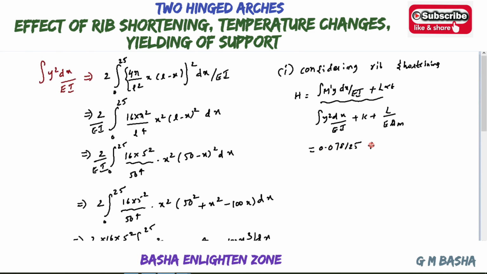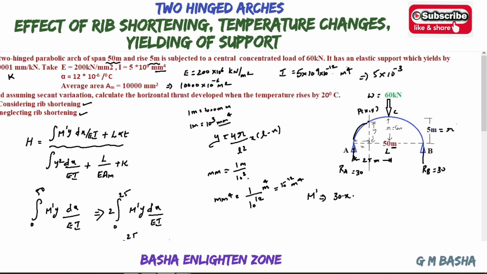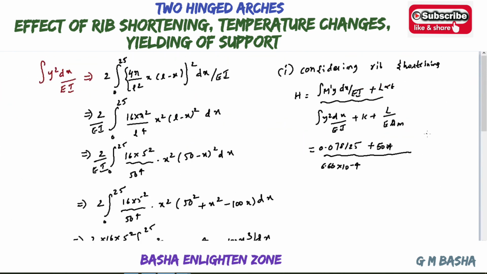So take down the values here, that is 0.078125 plus, and in the denominator also integral of y square dx by EI will be equal to 6.66 into 10 to the power of minus 4. We know the value of L: L will be 50 meters. And alpha is given in the question as 12 into 10 to the power of minus 6 per degree centigrade, into the temperature value, which is 20 degrees centigrade.